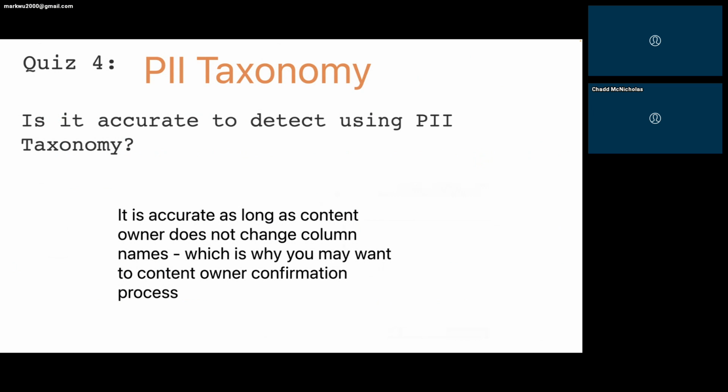Which is why, in my case, when I detect, I send them a confirmation asking them to confirm whether this is PII data or not. For the EDW, I know for sure, so I can take action. But for data sets not from the EDW, I ask them to confirm.